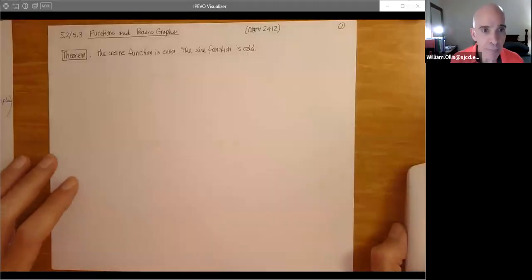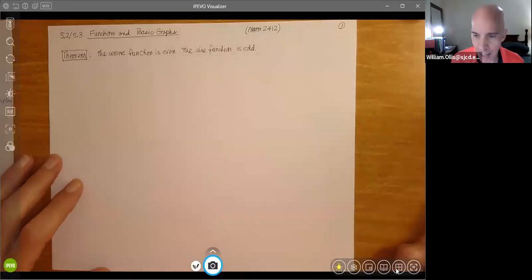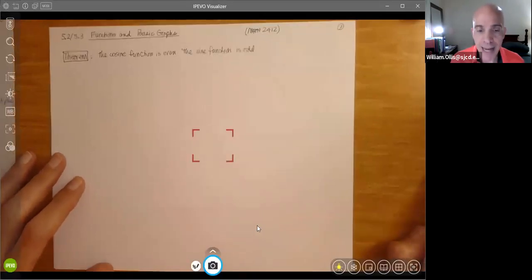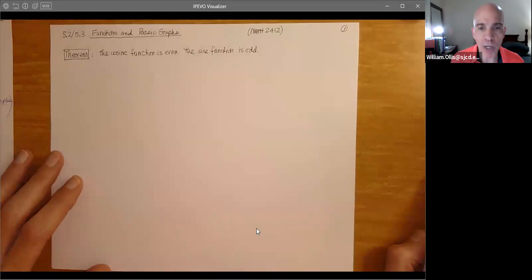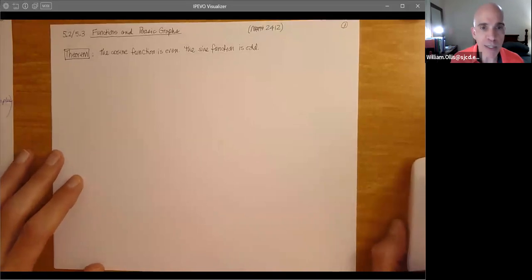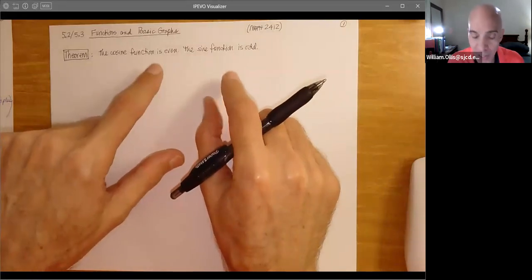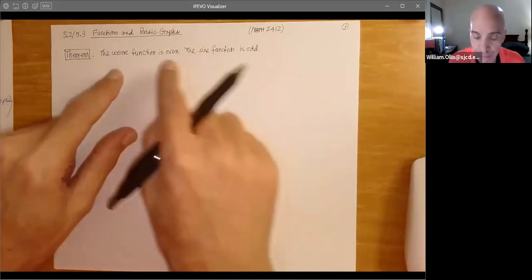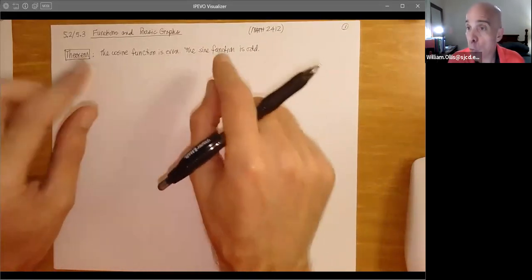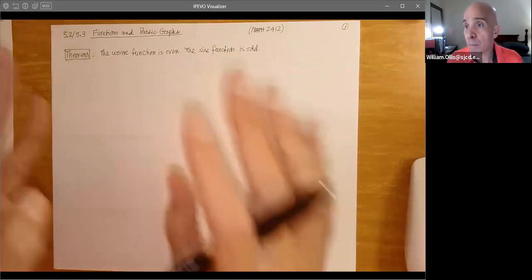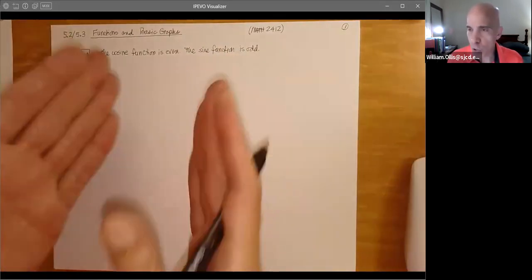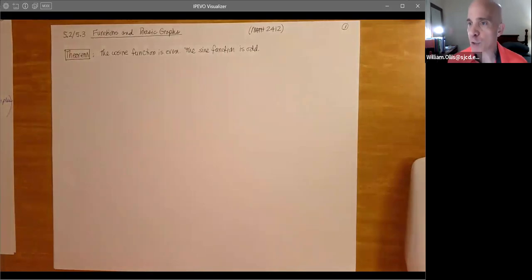So let's go ahead and look at one of the most important properties of the sine and the cosine. This is what I mentioned last time. The nice thing about what we're going to learn about these functions is that since we're going to define the other four in terms of the sine and cosine, anything that we know about sine and cosine, at least in terms of even and odd, can be transferred.